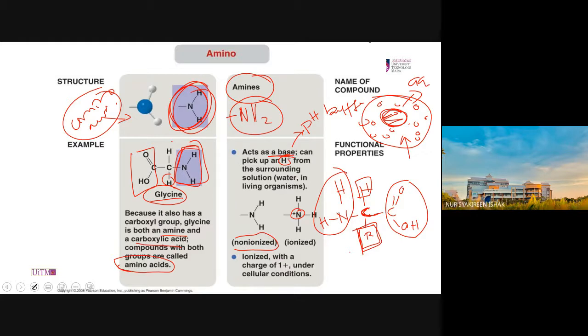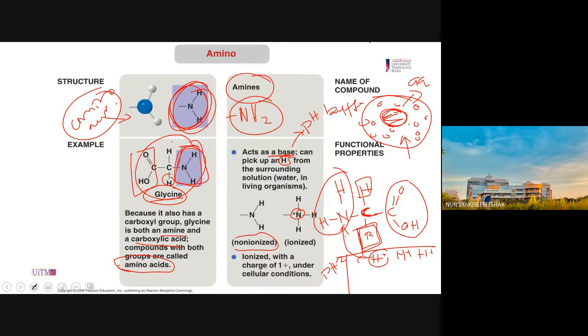For example, if the surrounding solution is acidic, with more hydrogen ion, for example pH 2, then by having glycine or any other amino acid, the amino acid can pick up the excess hydrogen ion here.